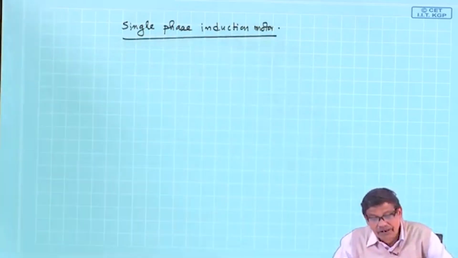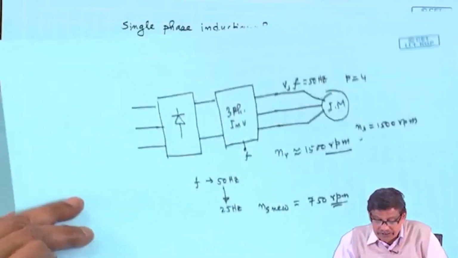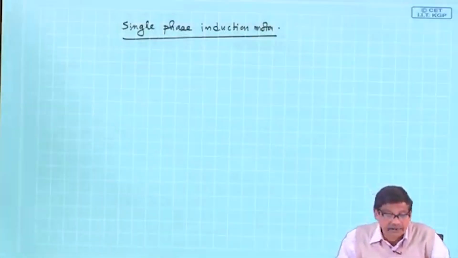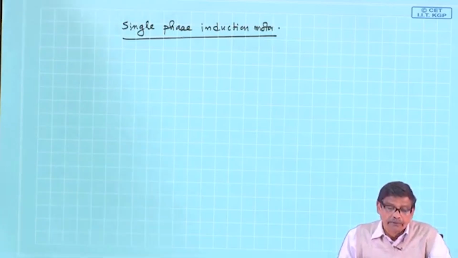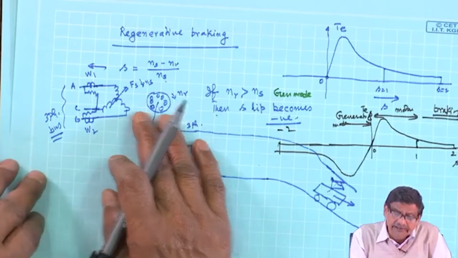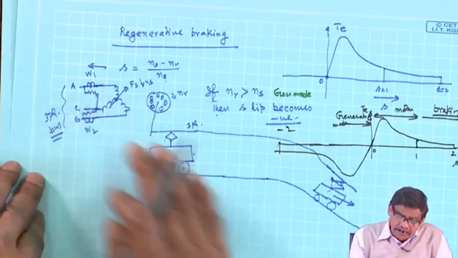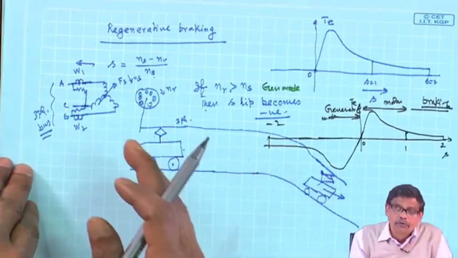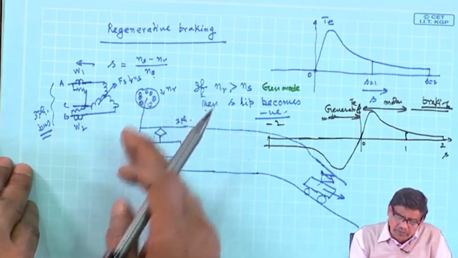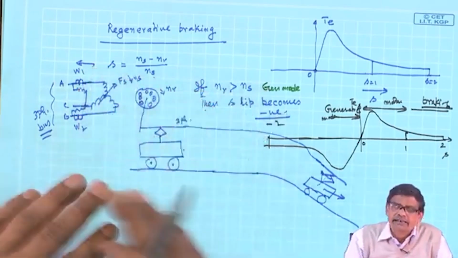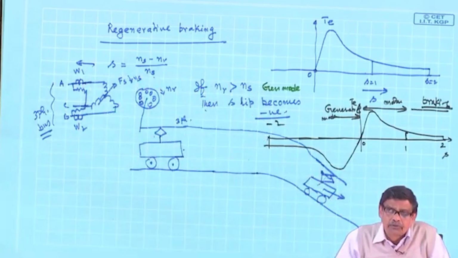Achha, just one comment about this generator operation, otherwise the discussion will remain slightly incomplete. For example, here I told this induction machine is connected to the bus and you can operate it as a motor. If there is no prime mover, NR will be always less than NS, it is operating as a motor.